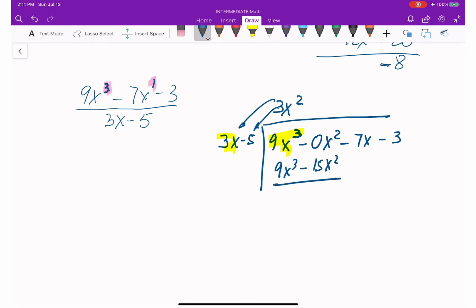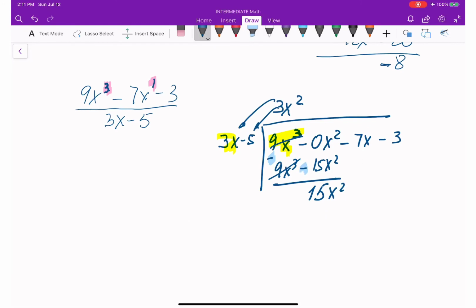Once I subtract, this is gone. I'm getting 0x squared minus negative 15x squared, which is 0x squared plus 15x squared, so I'm getting positive 15x squared, because I have a negative and another negative. It will become positive, right?